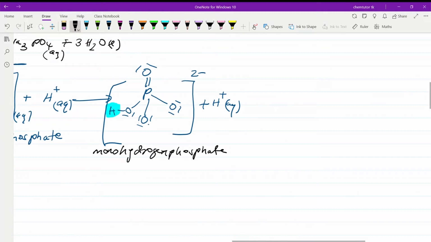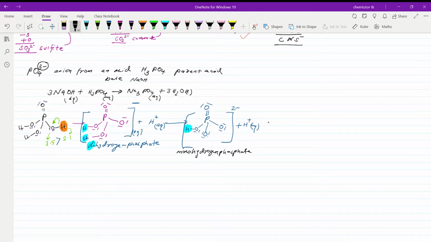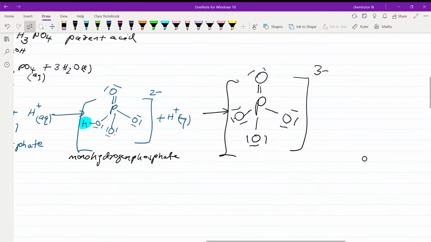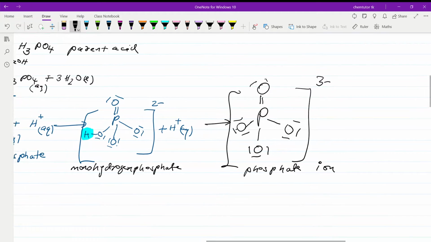Okay. Further, if it releases one more hydrogen, that becomes phosphate ion, just phosphate.